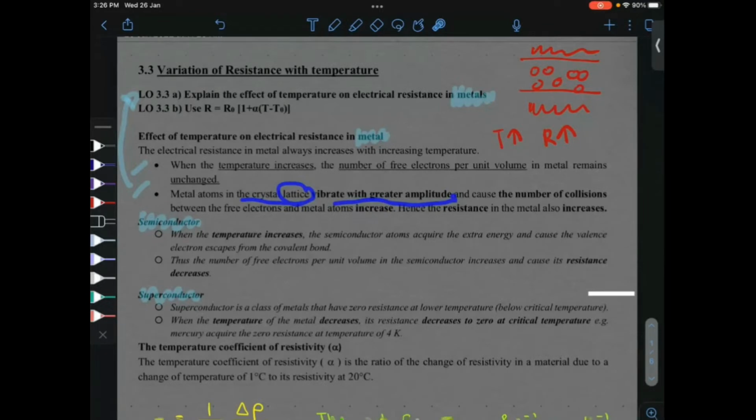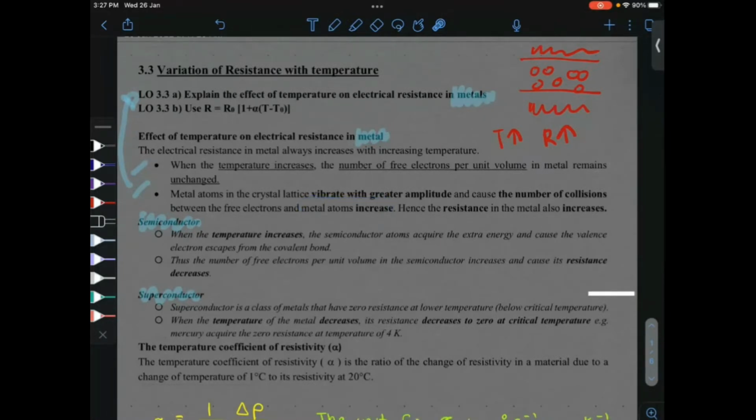Cuma all these lattice now is going to vibrate with greater amplitude. Maksudnya akan berlaku perlanggaran antara elektron kamu dan juga dia punya surface dekat sini with a greater amplitude, and this causes a greater leads to increase in the metal atom.